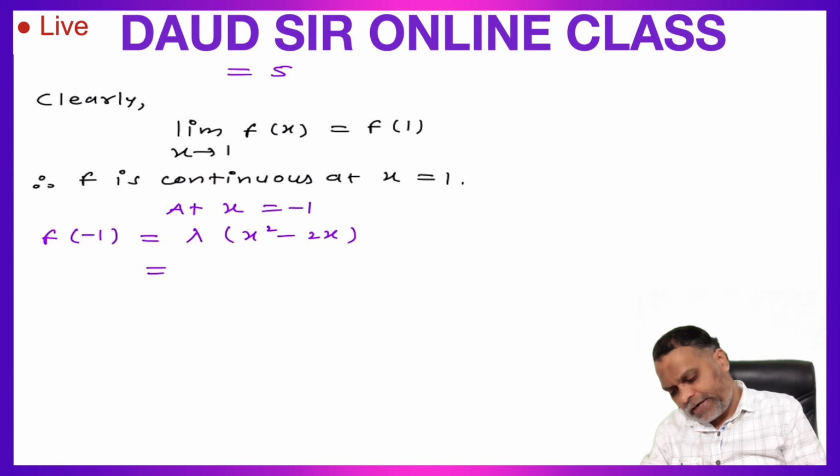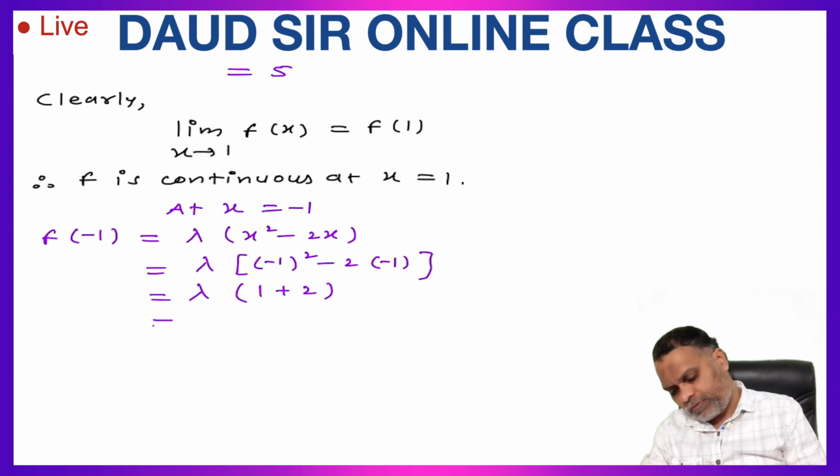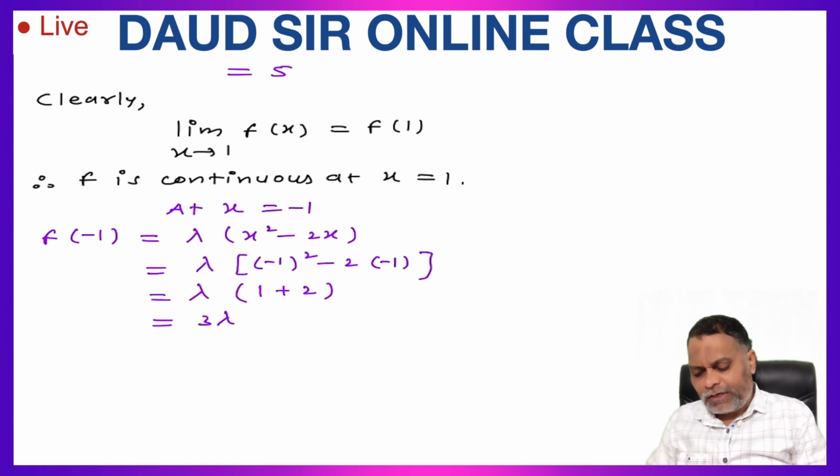Substitute x is equal to minus 1. So lambda into minus 1 square minus 2 into minus 1. Lambda into 1, minus into minus multiplication gives plus 2, so 1 plus 2 is 3 lambda.